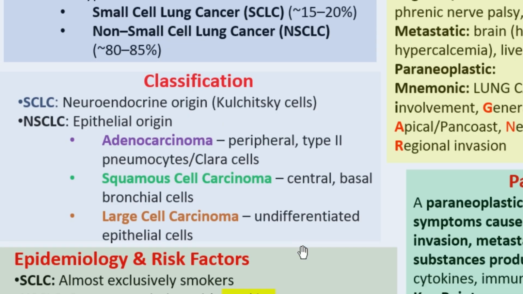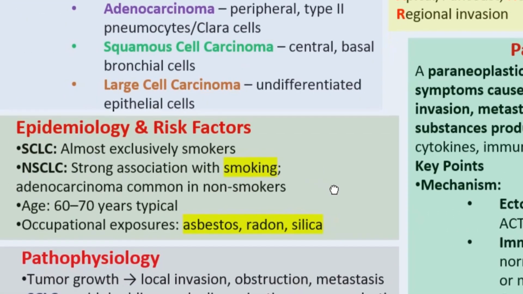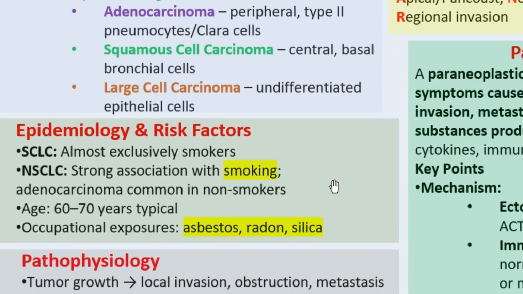So when you look at the epidemiology and the risk factors, small cell lung cancer is going to appear almost exclusively in smokers. And it is too bad, because this is associated with a very, very bad prognosis. Then the non-small cell lung cancer is going to be associated with other things like genes.